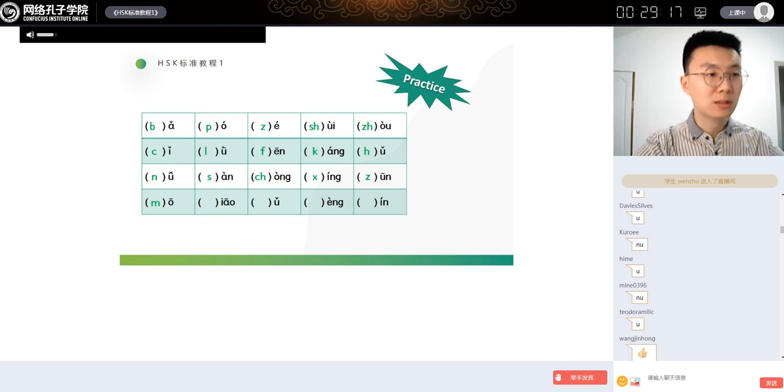Which one? 敲敲, it should be this. 七 is right. 吃 cannot be combined together with 腰, so it should be 七，敲. Next one.